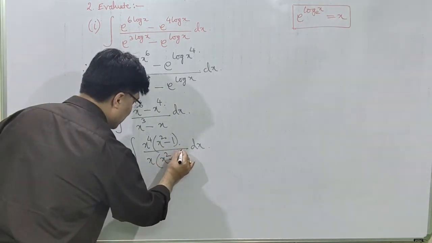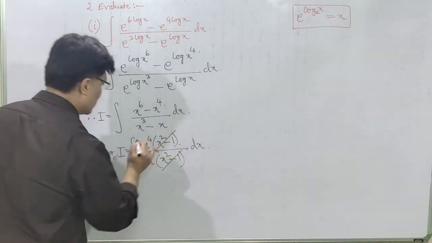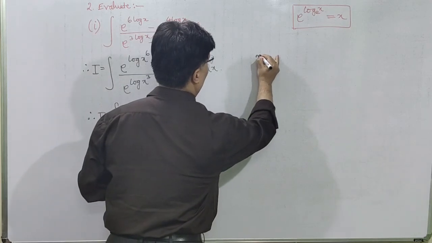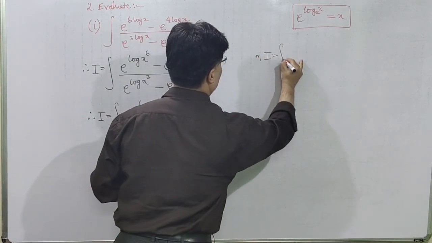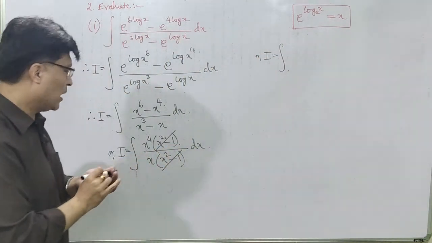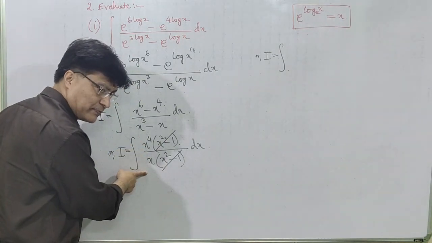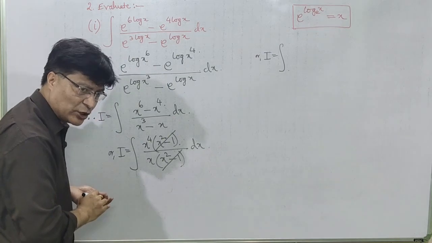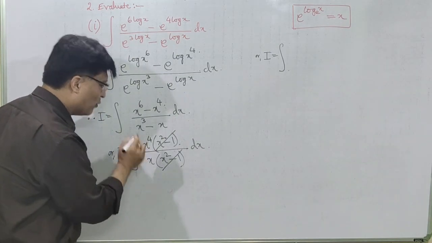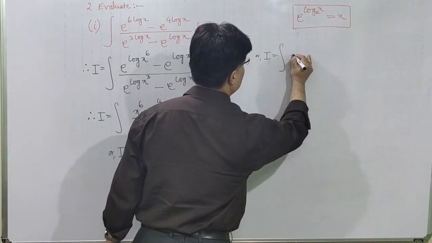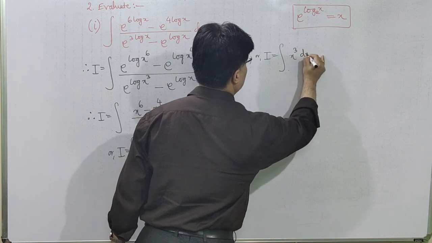Here the x square minus 1 will be cancelled, so I is equal to the integration of, now x to the power 4 divided by x is x cube, dx.